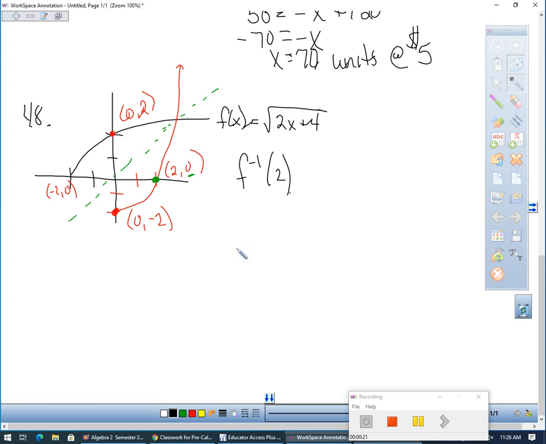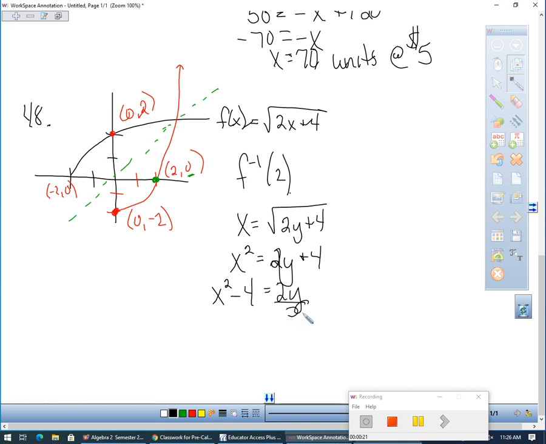Now let's do it algebraically also. Algebraically, remember to find the inverse, you first switch x and y around. So x equals the square root of 2y plus 4. Then we're going to square both sides, so x squared equals 2y plus 4. Subtracting 4 to the other side, we get x squared minus 4 equals 2y.